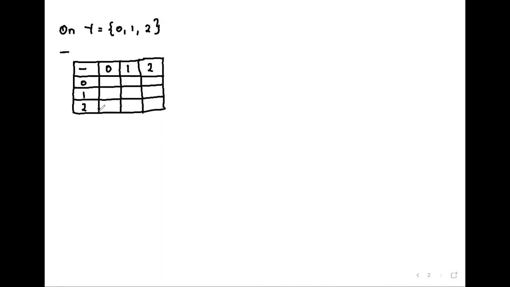0 minus 0, we get 0. Maybe let me put the solution in a way. So we get 0. Then 0 minus 1, we'll get minus 1. 0 minus 2, we'll get minus 2. 1 minus 0, we'll get 1.